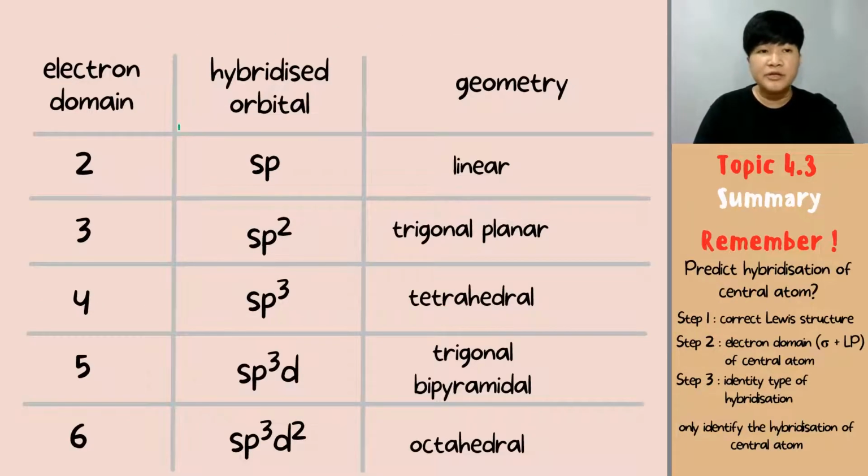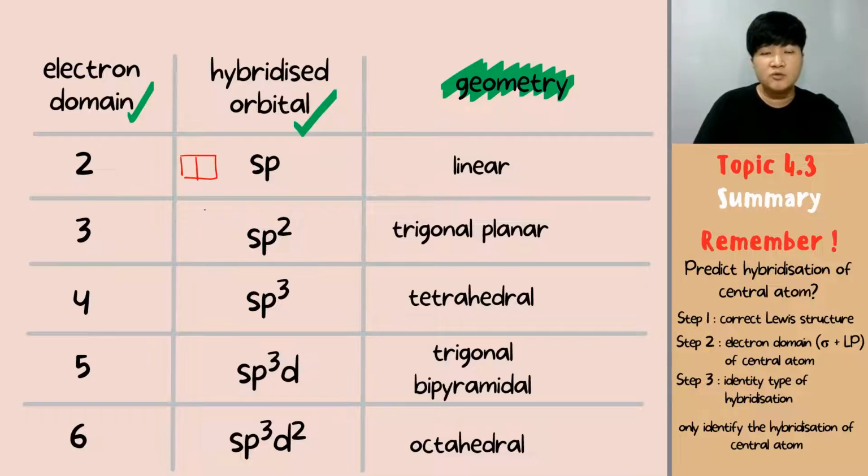This is the summary of your electron domain and hybridized orbital. With the respective electron domain, you can know the hybridized orbital and the correct geometry. Bear in mind, sp means you will have one orbital from the s, one from the p. sp2 means one from the s, two from the p. sp3 means one orbital from the s and three from the p. sp3d, as you know, is one from the s, three from the p, and one from the d.